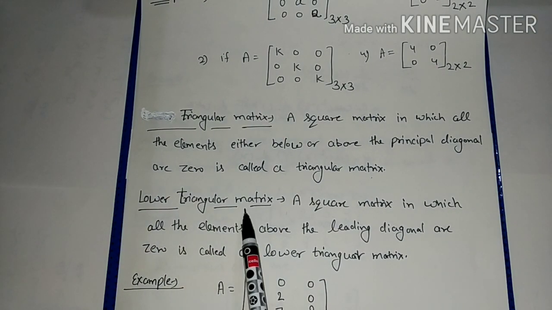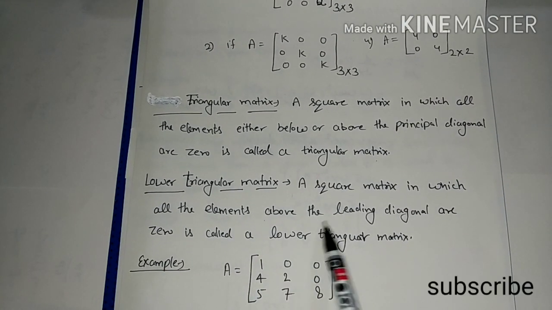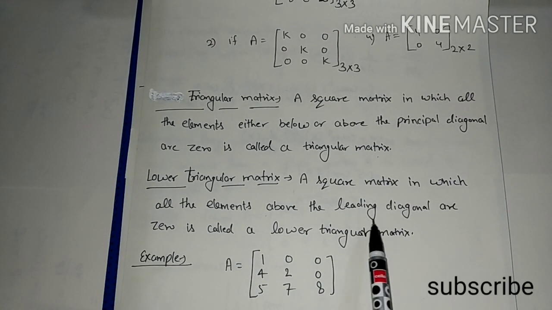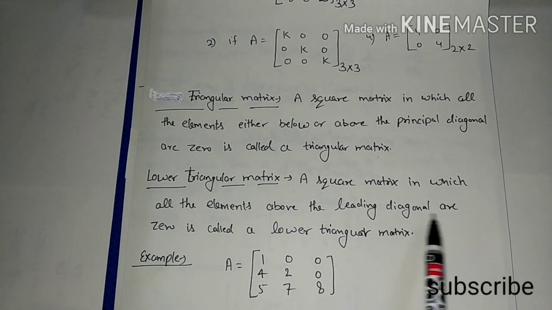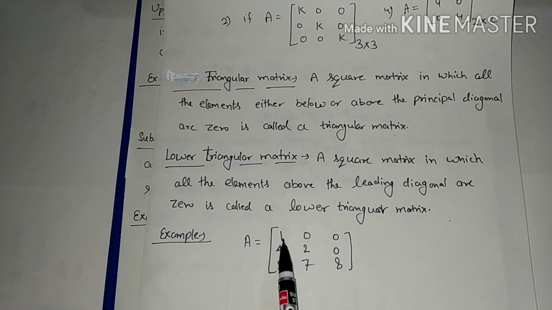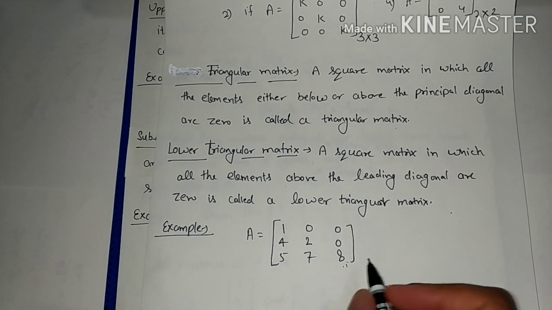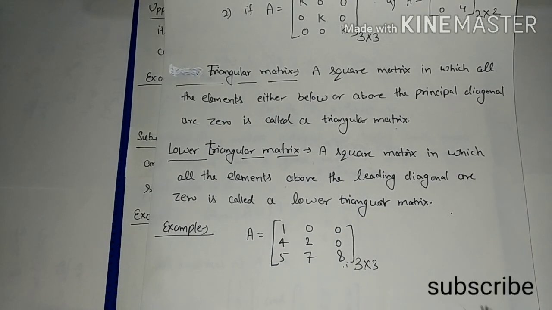Next, lower triangular matrix. A square matrix in which all the elements above the leading diagonal, main diagonal or principal diagonal, same leading diagonal, are 0 is called a lower triangular matrix. This is the leading diagonal. It is also called principal diagonal or main diagonal. Here the condition is the matrix must be square, 3 by 3.